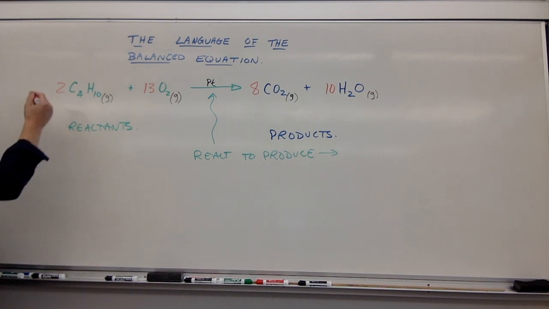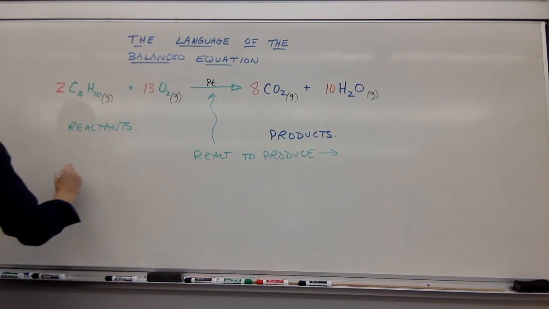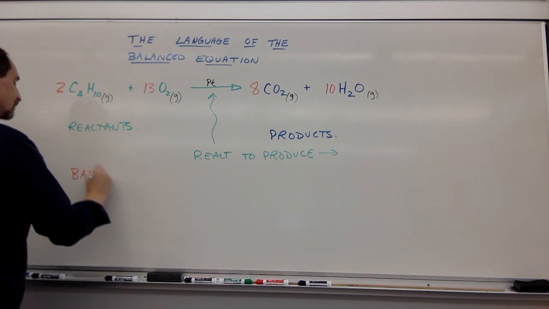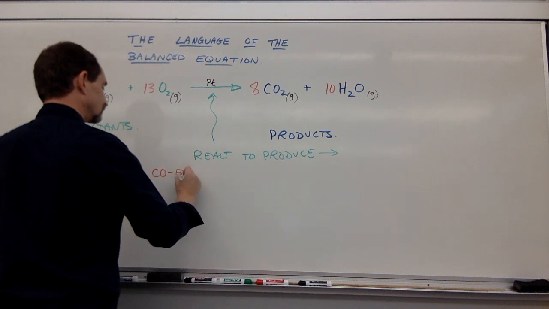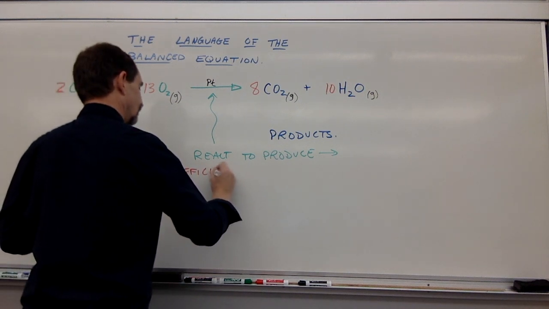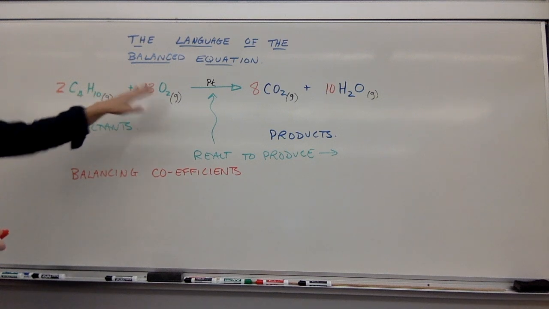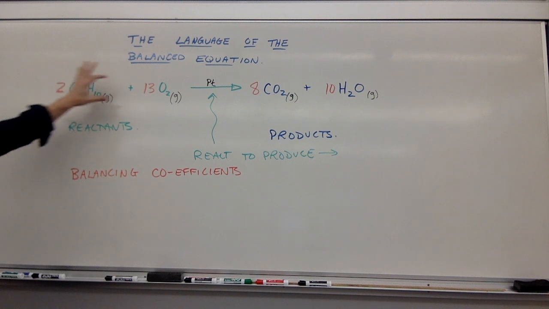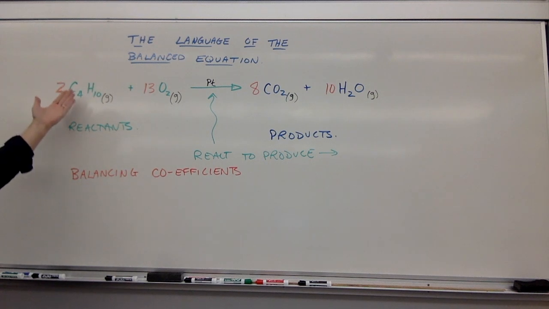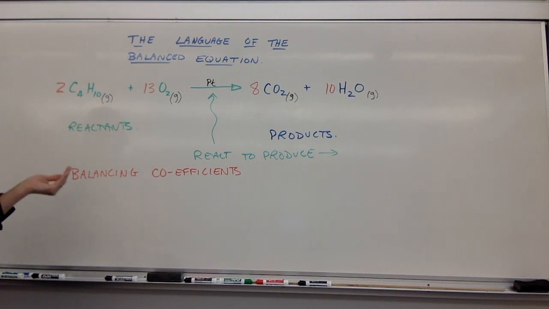My red numbers here, my 2 and 13 and 8 and 10, those are called balancing coefficients. And my balancing coefficients tell me the ratio in which these two compounds react. My butane and my oxygen react in a 2 to 13 ratio. For every 2 molecules of butane, I need 13 molecules of oxygen.